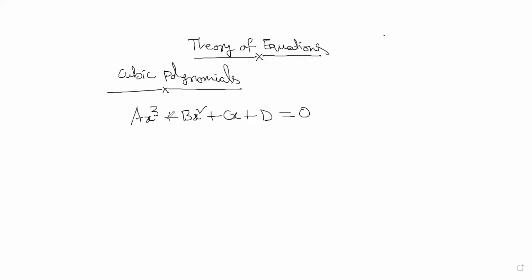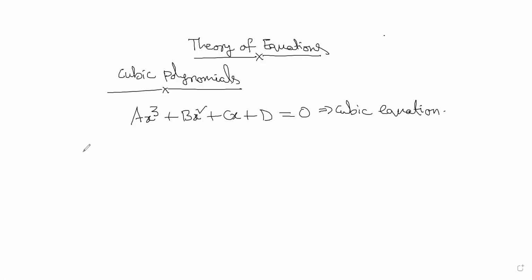So this is a cubic polynomial, of the form ax cube plus bx square plus cx plus d is equal to 0, and that is called a cubic equation. I will discuss some basics.